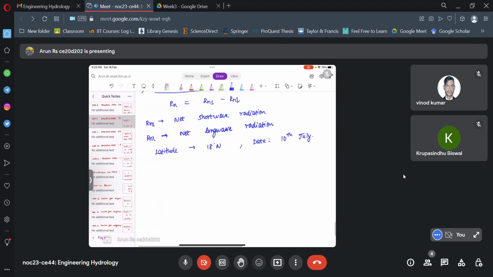The radiation that is coming from the sun is not uniform throughout the globe. It varies with the latitude. The amount of radiation is highest near the equator and very less near the poles. That's why they have given this latitude information.